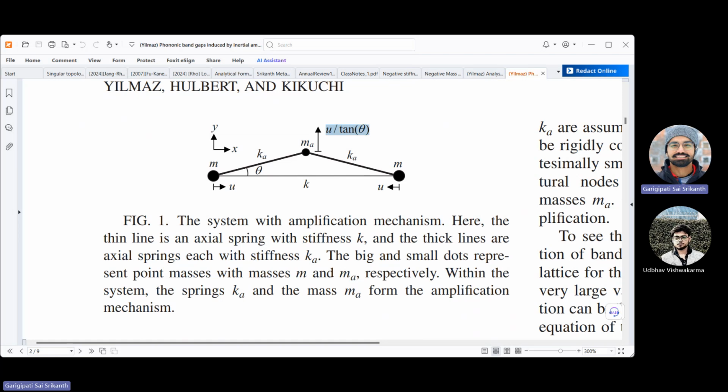Okay, interesting to note is this u by tan theta. That is the amplified displacement. So if you decrease theta, tan theta will decrease, which means u by tan theta will increase. The closer you get to zero, the more it will increase.